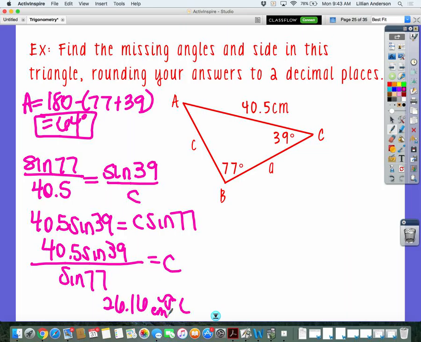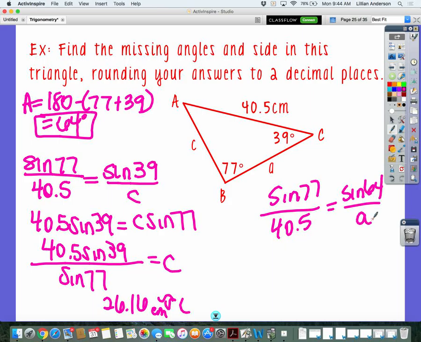Don't forget about your units. How you set it up to find A? And then? And it's a similar process, right? You cross multiply. And then you what? Divide by sine of 77.